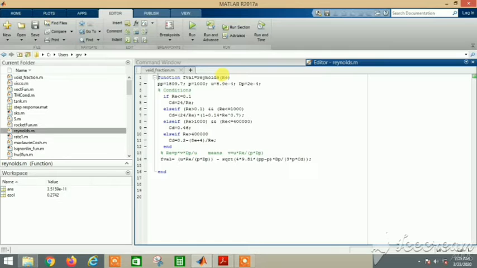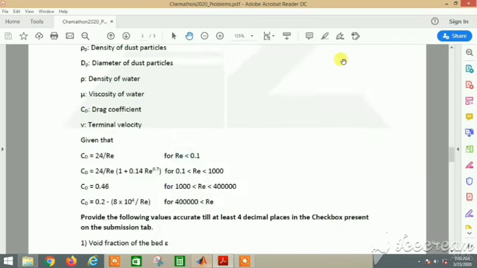According to this fval, the function takes in the Reynolds value from us and then uses the if else statement. I have put in the various values here with else if statements: if this is my Reynolds, then this is CD.